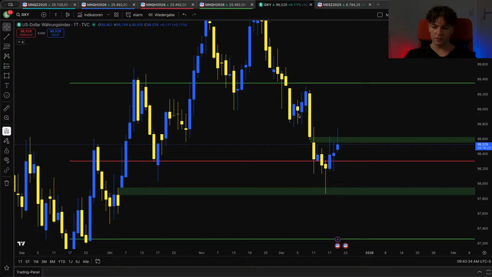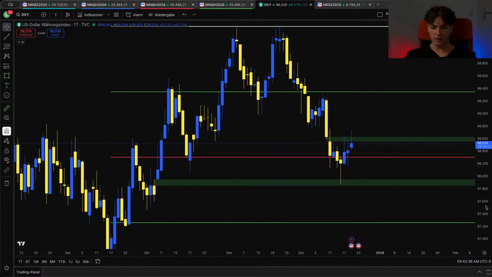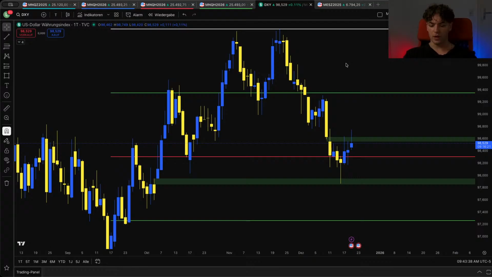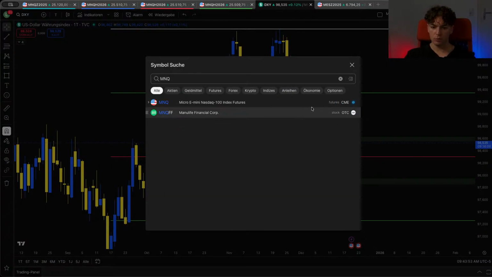But overall, bias in DXY is rather bearish. So I actually want to see higher prices in MNQ, since these two asset classes are inversely correlated. So whenever you see dollar go down, you rather want to see MNQ move to the upside, okay?